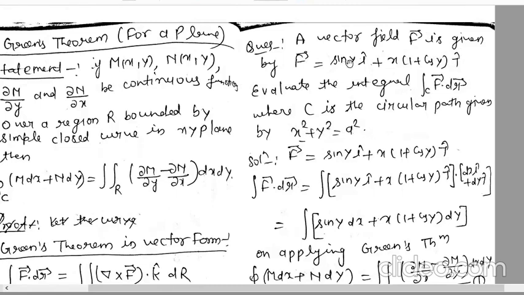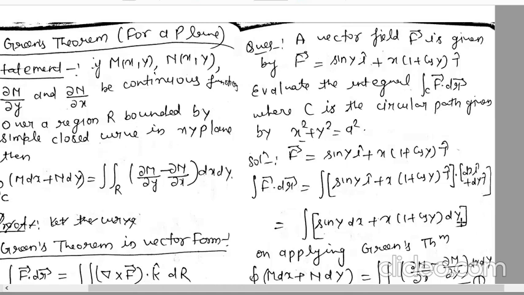So we need to calculate F vector dot dr vector, where dr vector is dx i plus dy j. So (sin y i plus x(1 plus cos y) j) dot (dx i plus dy j).